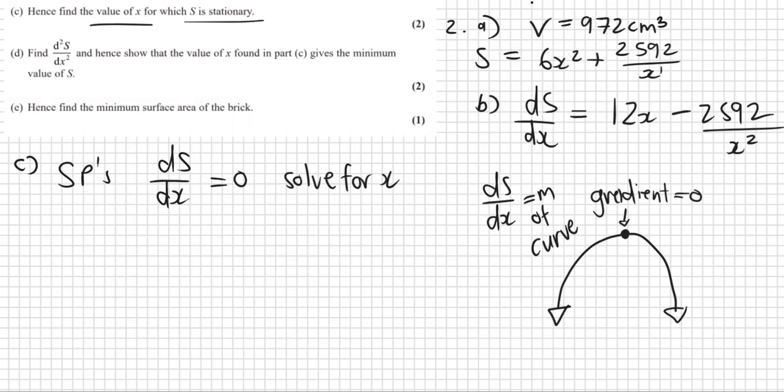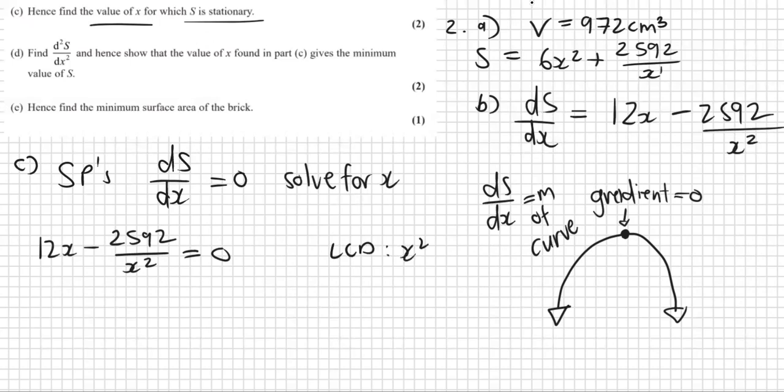All right, so let's take a look at what we have here. So value of x for which S is stationary. So 12x minus 2592 over x squared equal to 0. First thing I need to do here is get a common denominator. And the common denominator is going to be x squared.